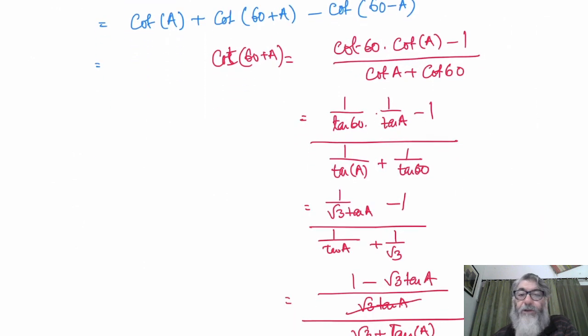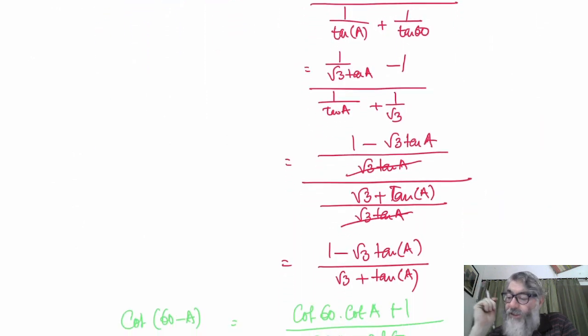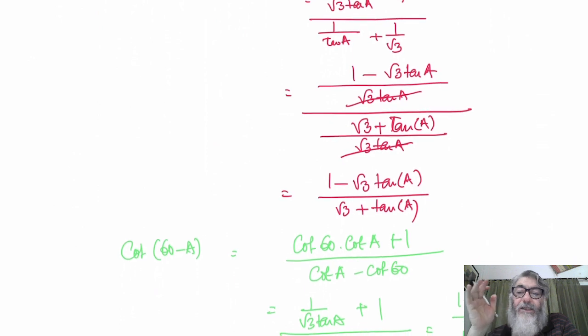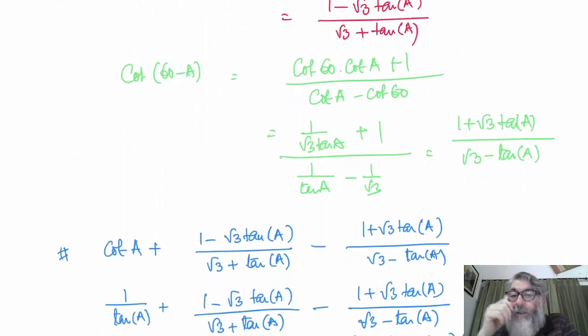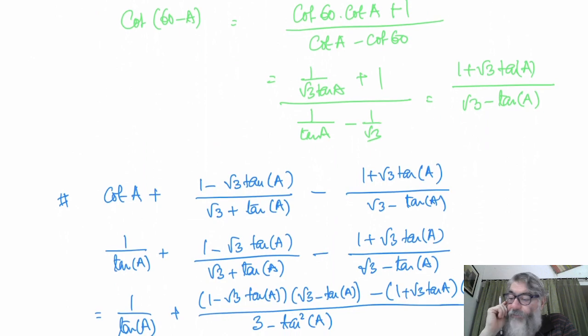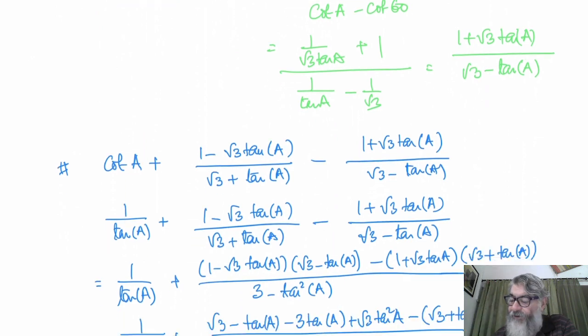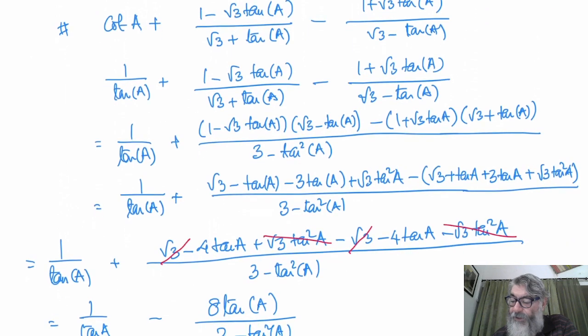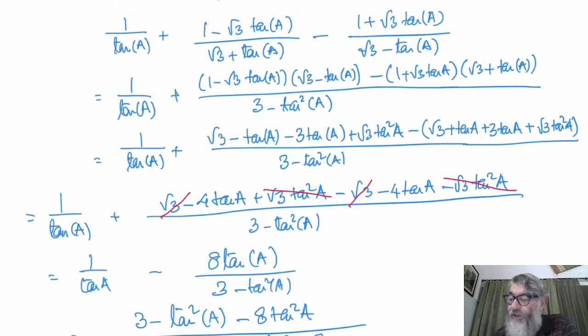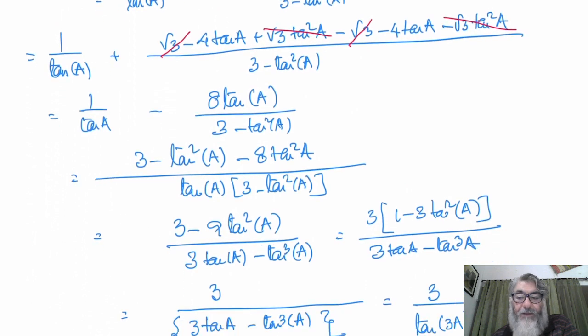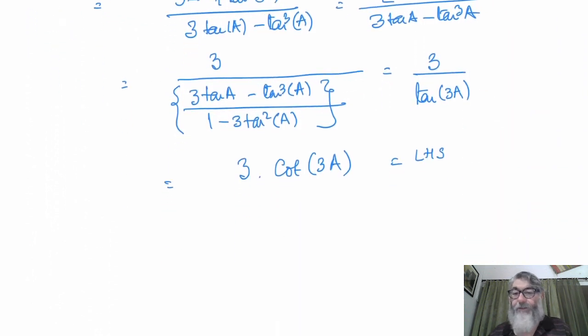Then the last two terms, cot(60+A) and cot(60-A), we converted in terms of tan A, because cot 60 is 1 upon root 3 and cot A is 1 upon tan A. We simplified the last two terms, then took the LCM, simplified with the first term, and we were able to achieve 3 cot 3A. That will do for the time being. Thank you.